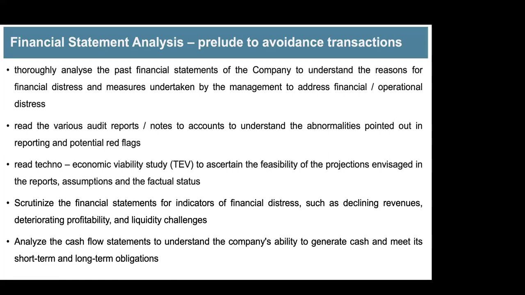Although they worked during the CIRP period, it is a part of the CIRP expenses. The RP is supposed to pay the salary of the remaining 5 employees also, but the RP didn't pay because the COC didn't approve. So what should be the course of action as an RP, or for the employees?